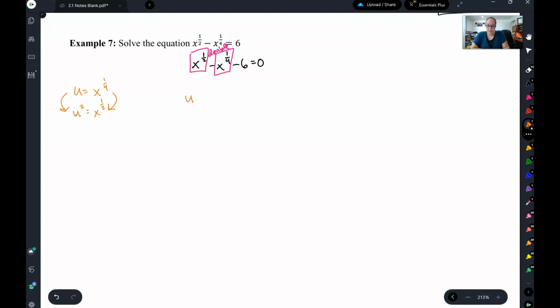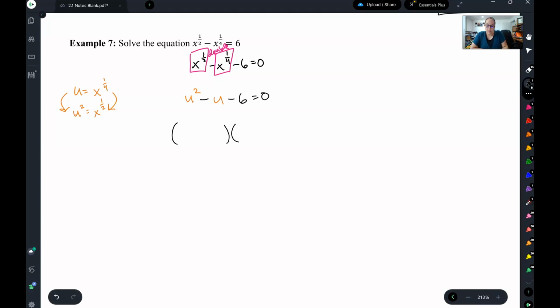So now I can say this is u squared minus x to the 4th is my u, minus 6 equals 0. And you'll notice once again, this u substitution just made the factoring a lot easier. It's easier to look at this and factor it than to look at this and factor it. That is the whole purpose of this u substitution, just to make it look prettier for factoring.